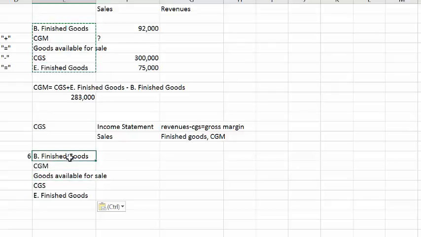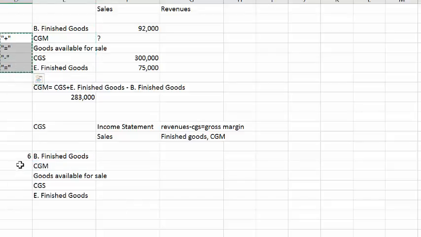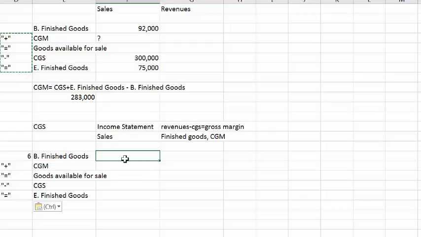It's going to be beginning finished goods, then you are going to add to CGM and equals goods available for sale, and you minus CGS, you get an ending balance of finished goods. And also I'm going to put all those numbers into this table here.